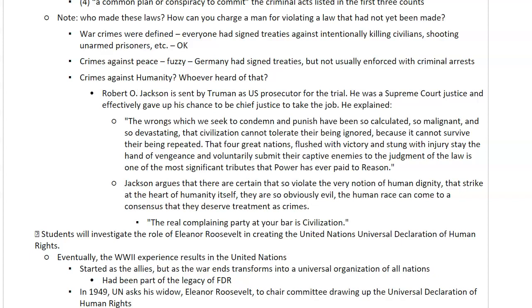What is he saying? He's saying we have to hold these people to justice. Their attack on humanity was so heinous that if it ever happens again, humanity may not survive. And he's saying, we're not taking vengeance on them. We're giving them a trial.